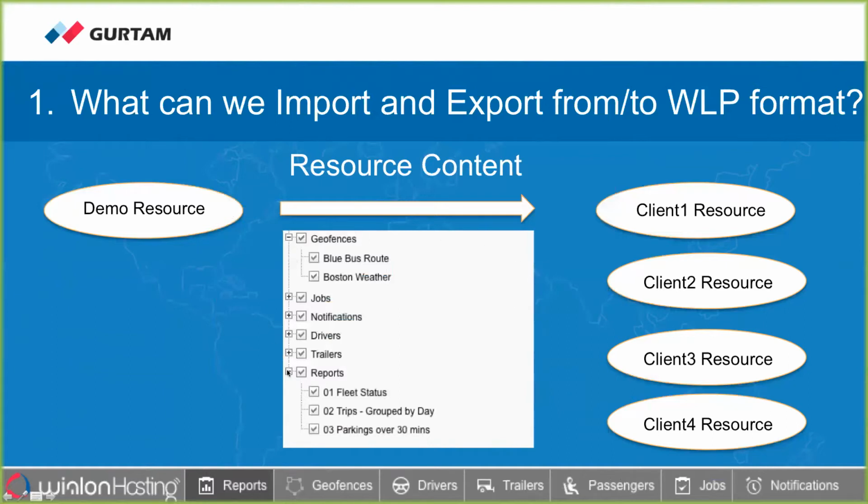On this screenshot in the middle of the screen, you see only those options that belong to one specific demo resource. Not every resource may have, for example, passengers information. No one created any demo passengers on it. That's why we don't see it in this dialog.